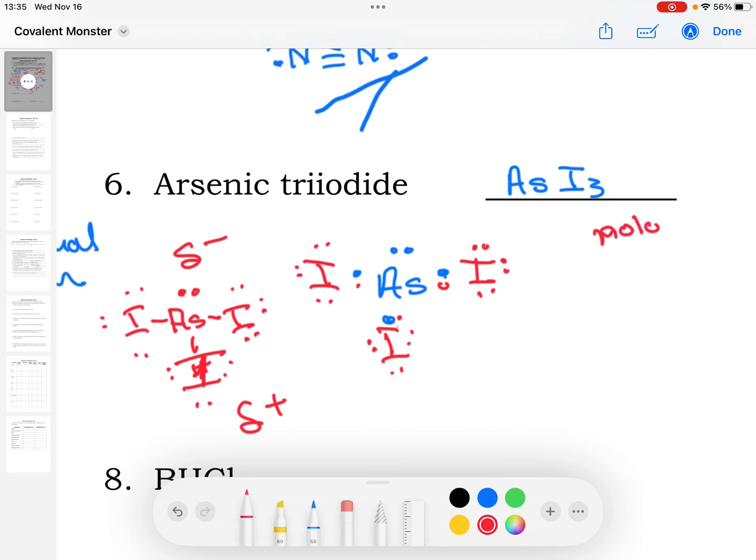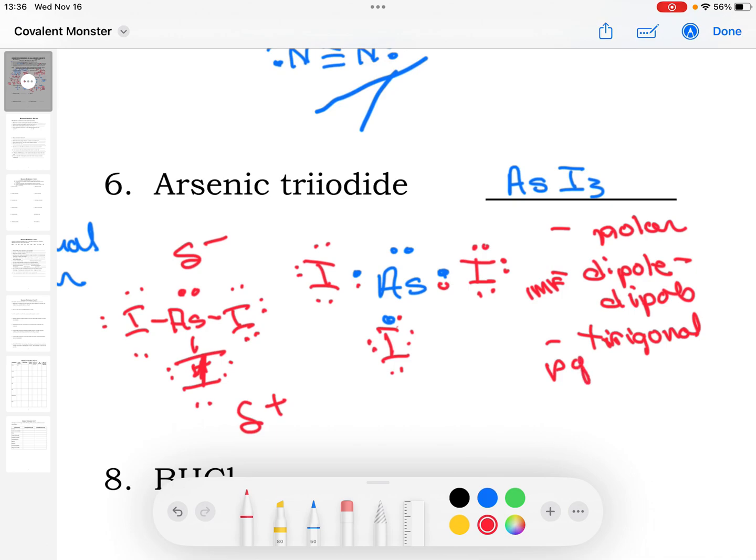So this is polar, and its intermolecular force will be dipole-dipole. And its shape will be trigonal pyramidal. And I did my polarity there and there.